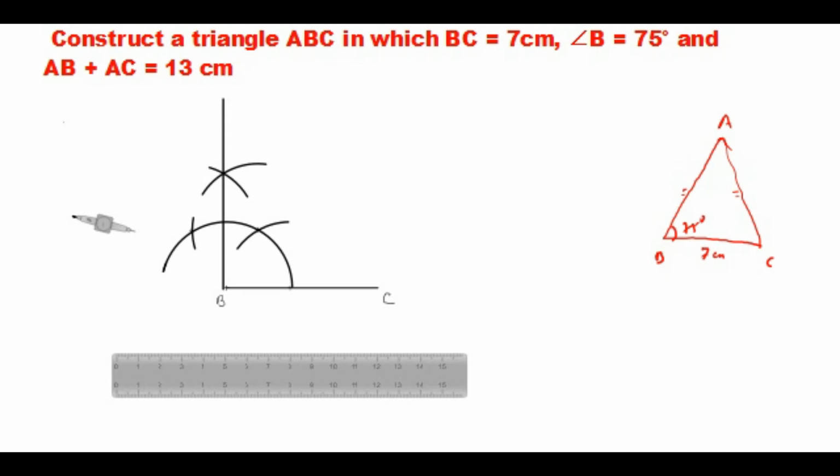Thereafter you have to bisect this 30 degrees into equal parts.